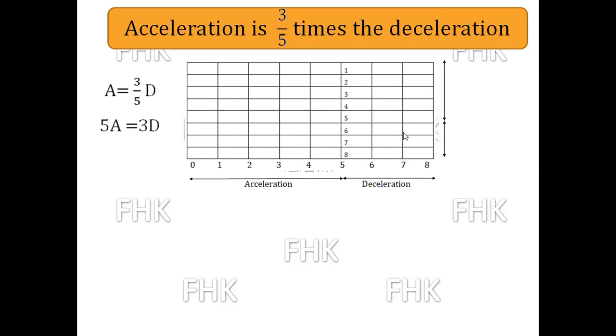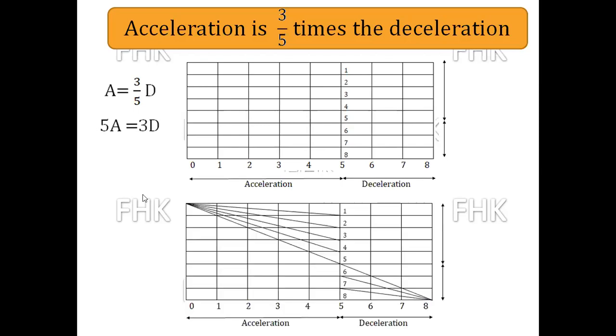And the same procedure you have to follow in the next step. From the top left corner you have to join all the numbers 1, 2, 3, 4, 5, and 3 parts for the retardation.